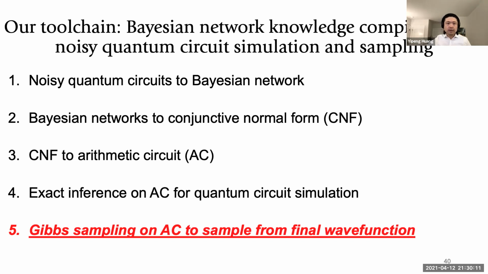All right, so let's quickly recap what's happened here. We've taken quantum circuits that represent variational algorithms and turned them into different representations, which we can then compile down through intermediate representations like CNFs, and finally do circuit simulation by working with these compiled representations.